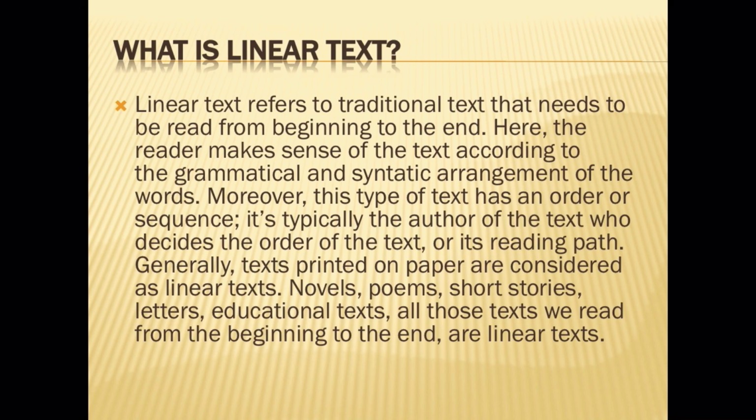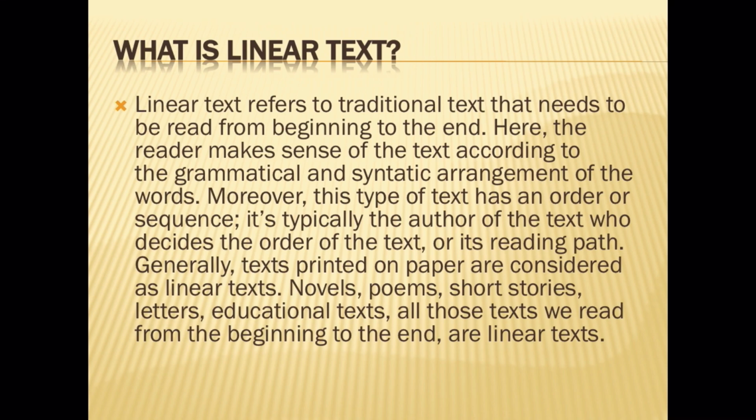It's typically the author of the text who decides the order of the text or its reading path. Generally, texts printed on paper are considered as linear texts. Novels, poems, short stories, letters, educational texts, all those texts that are read from the beginning to end are linear texts.